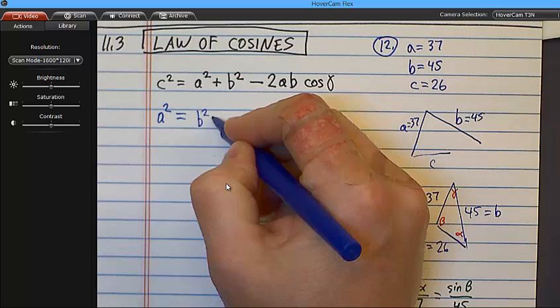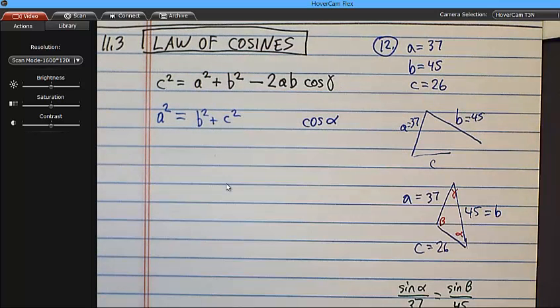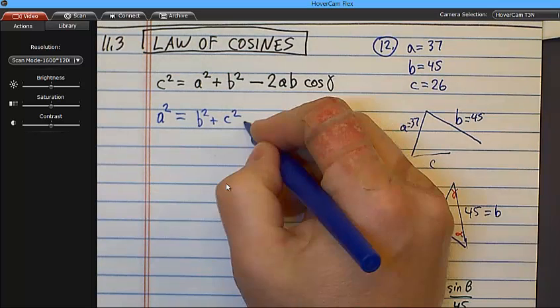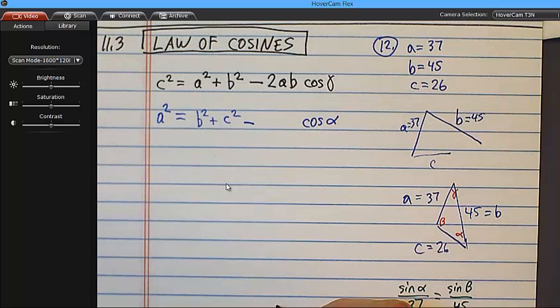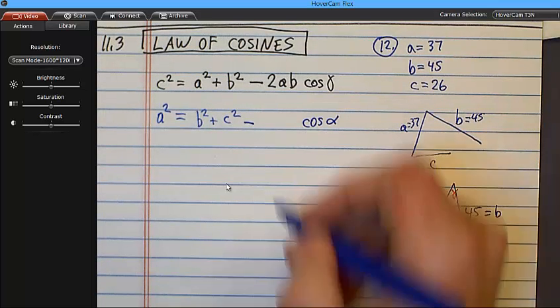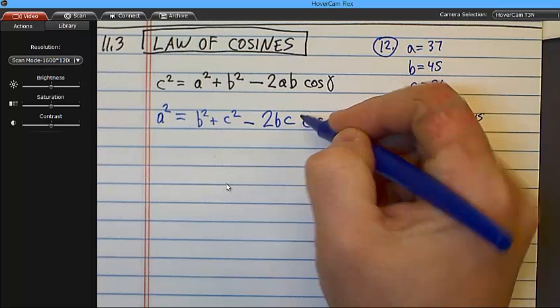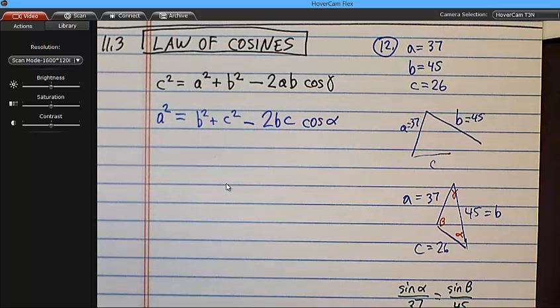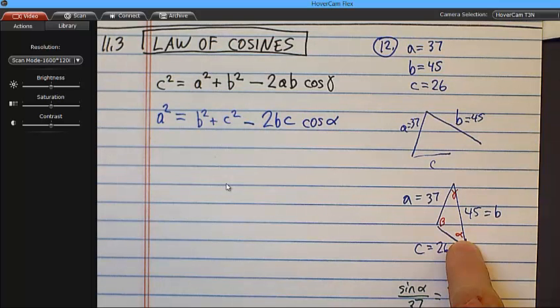B squared plus c squared minus, what do you think I'm going to write next? 2bc cosine alpha. Okay? And I'm going to use this to find what alpha is.